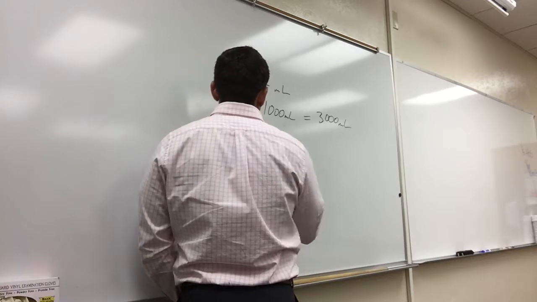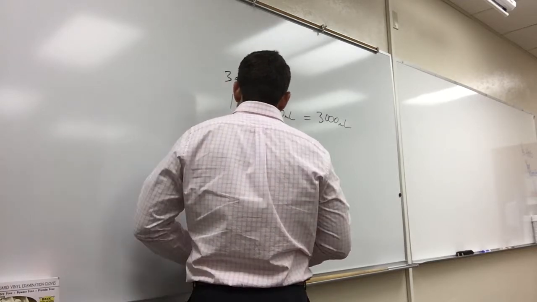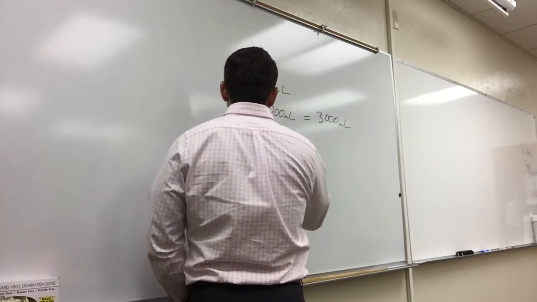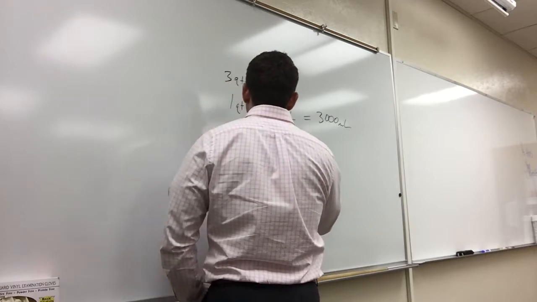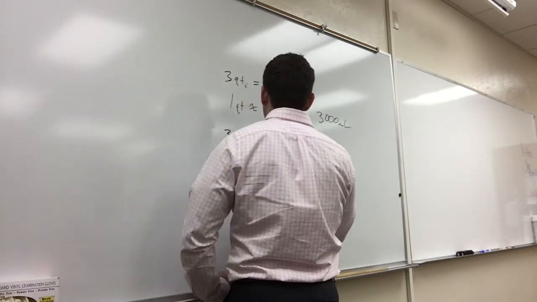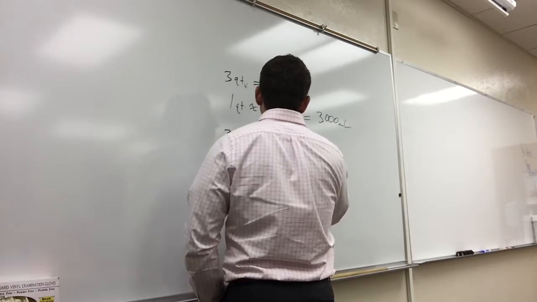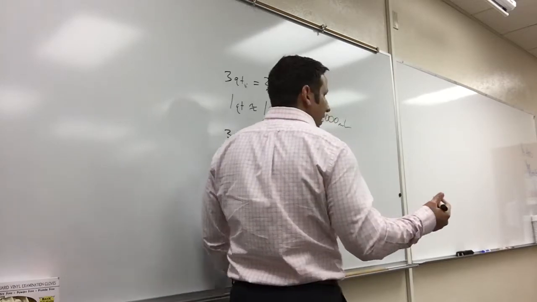1 ounce equals 30 grams, is how I do it. That's right, you're upside down. 1 quart, and then times 1 ounce equals 30 mLs. And that should be like 2880.